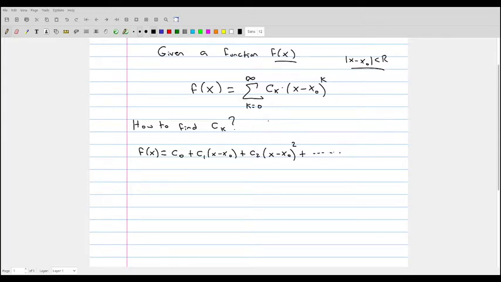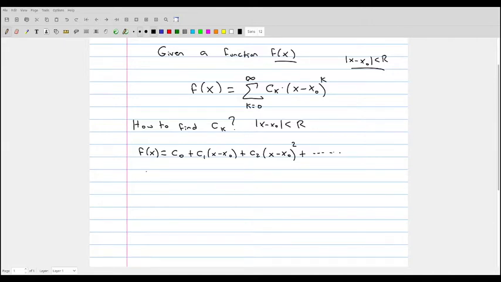In all of this, we're assuming that x is within the radius of convergence. So if this is true, then we know from the last theorem in the last lecture that we can differentiate the series term by term.